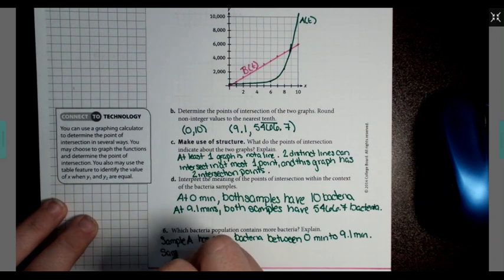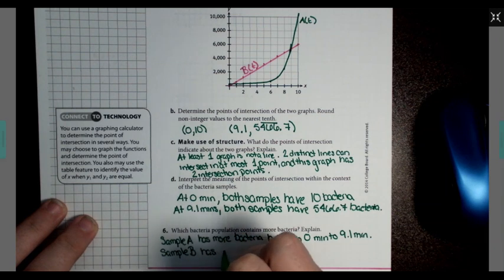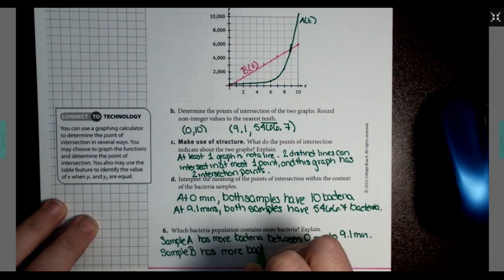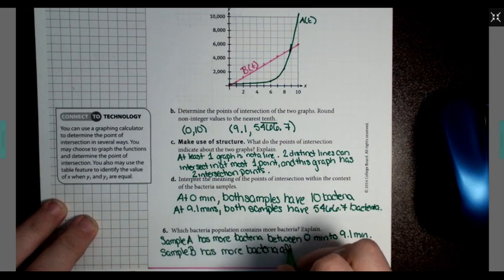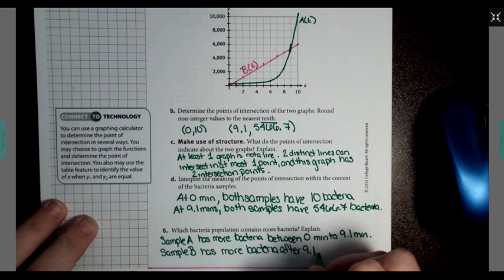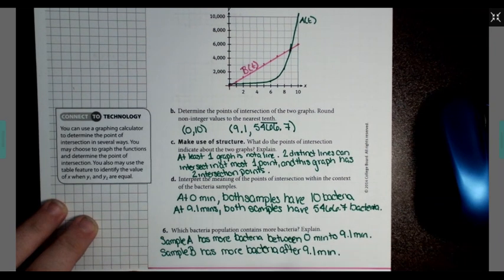Sample B has more bacteria after 9.1 minutes.